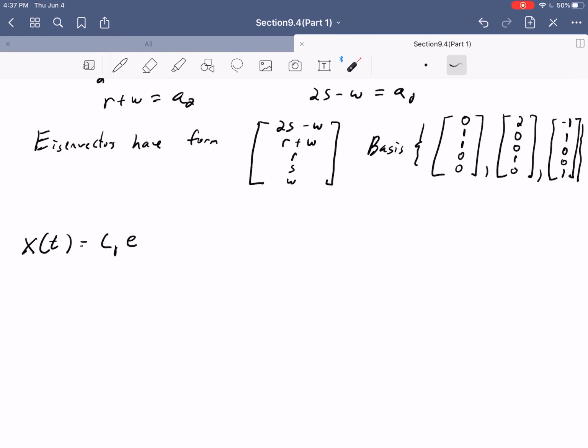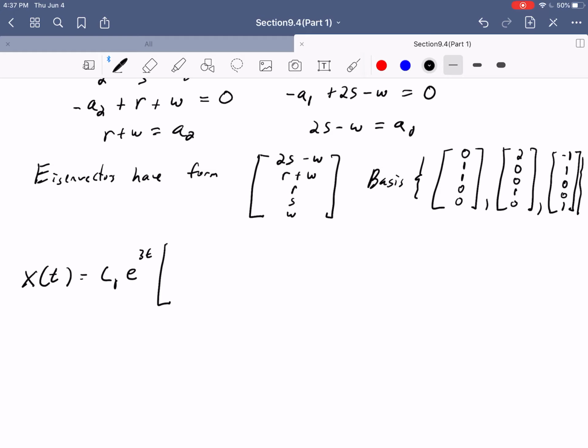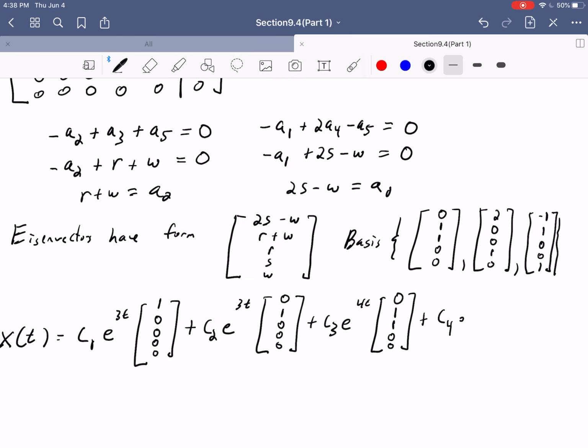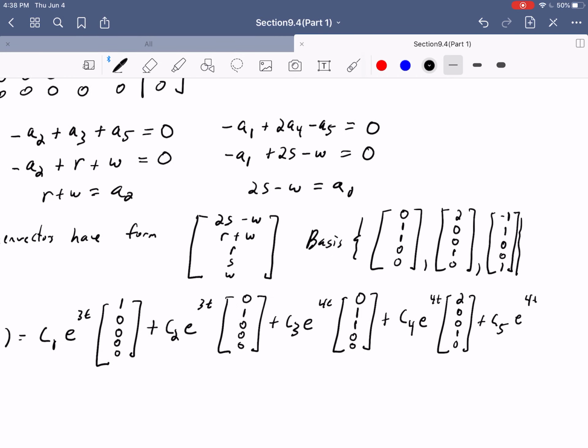So we can say C1 e to the 3t, 1, 0, 0, 0, 0, plus C2 e to the 3t, 0, 1, 0, 0, 0, plus C3 e to the, excuse me, e to the 4t, then 0, 1, 1, 0, 0, then plus C4 e to the 4t, 2, 0, 0, 1, 0, plus C5 e to the 4t, minus 1, 1, 0, 0, 1. And there we go. Our general solution right there.